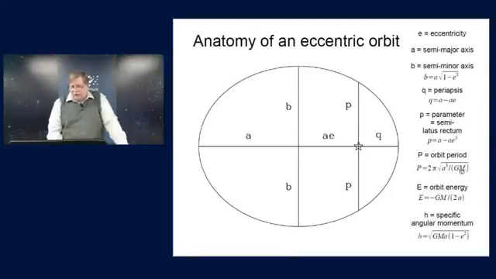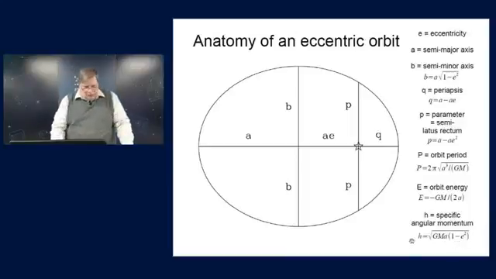Similarly, the energy of the orbit depends only on that semi-major axis. But there's the angular momentum per unit mass, which I'm calling little h down here, which depends both on the semi-major axis and the eccentricity of the orbit. This is going to be interesting later, but notice for now that this angular momentum is proportional to the square root of this semilatus rectum.